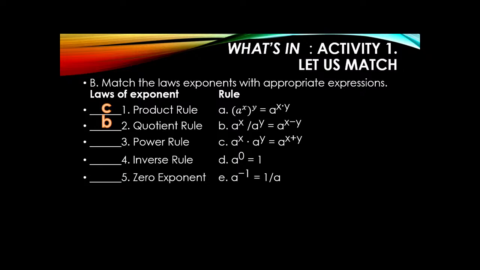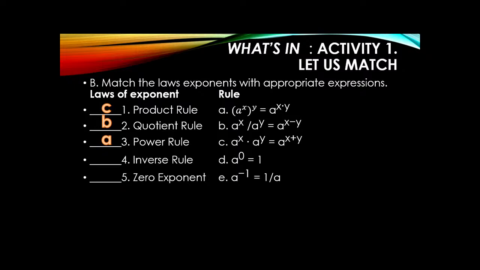Okay, number 3. Power rule. The answer is letter A. So, kung makita mo gingon na quantity a to the power of x sa atong i-multiply, mahimo siyang a raised to the power of x times y. Number 4, inverse rule. Sa inverse, na atong balihon.